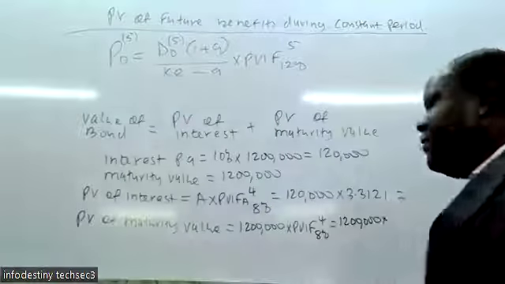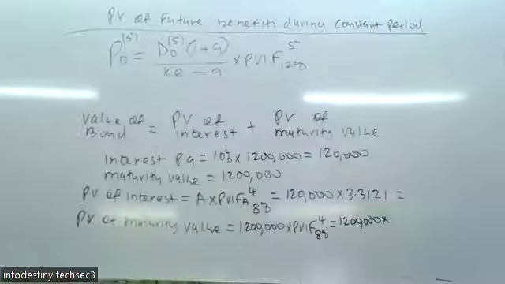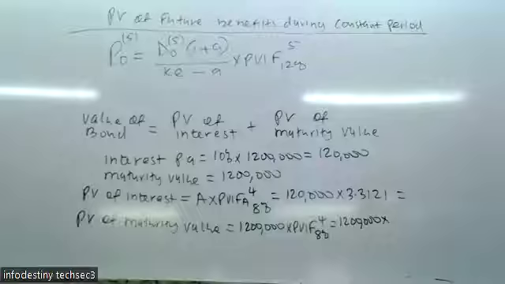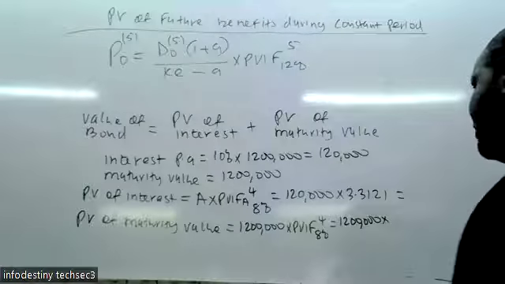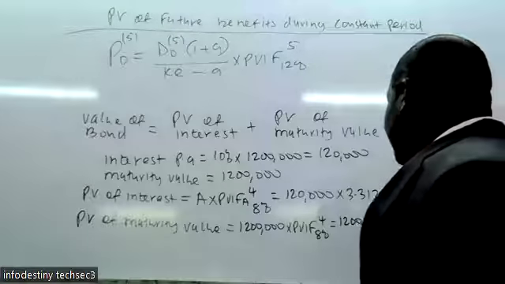This one you use the single period table because it only occurs once. Interest is every year for the 4 years, but this one only occurs once. So when you check in the table, it is 0.1.